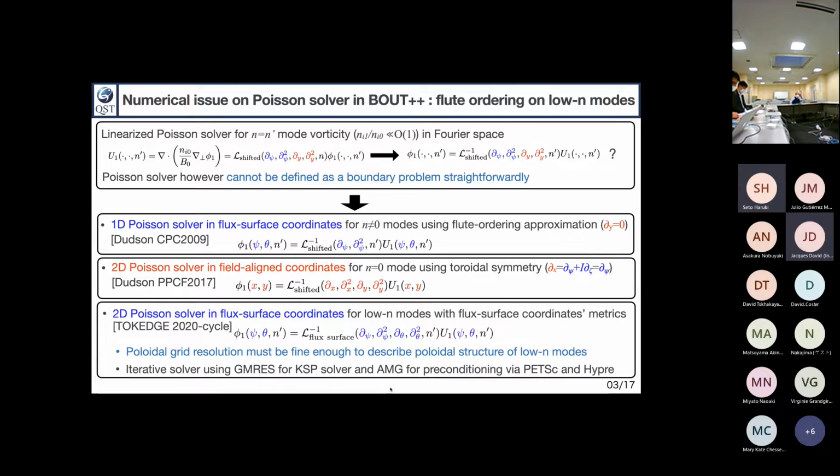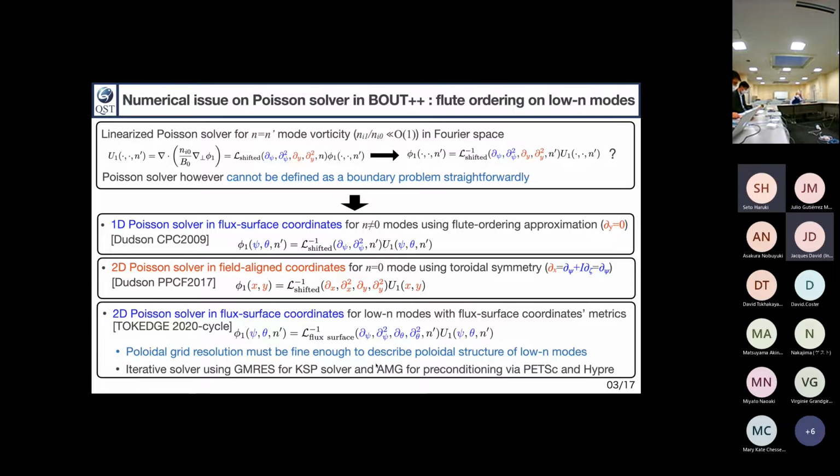In Project H, a new 2D Poisson solver defined in flux surface coordinate system with the standard flux surface coordinate metrics was developed in cycle 2020. This solver provides a self-consistent flow potential without flute ordering for n equals 0 modes, but toroidal grid resolution must be fine enough to describe the toroidal structure of the modes, since the parallel derivatives are divided into the poloidal and toroidal derivatives.